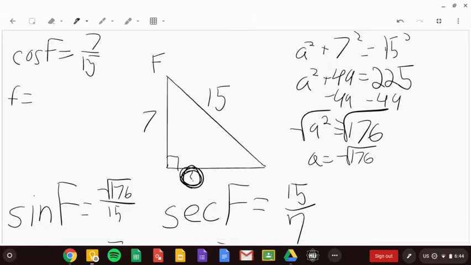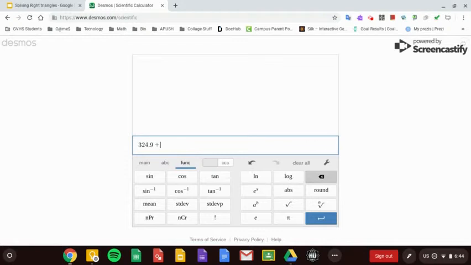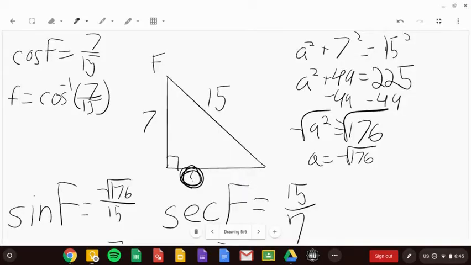When we put that in our calculator, f will be equal to about 62.1 degrees. There you go. Simple as that.